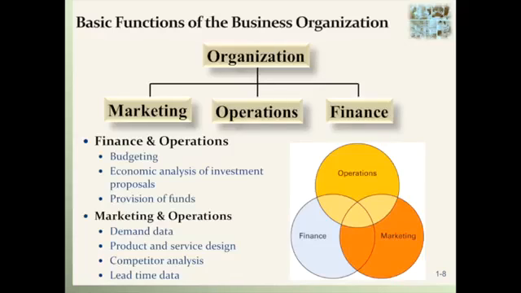For example, you have to do budgeting, economic analysis of investment proposals, provision of funds. Those are all finance operations where they overlap. And then there's marketing and operations. Out of marketing, you get demand data, product and service design, competitor analysis, lead time data. All of that comes from marketing.